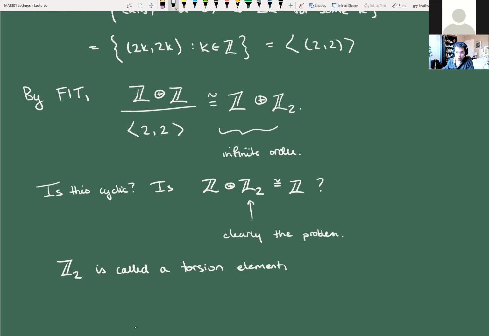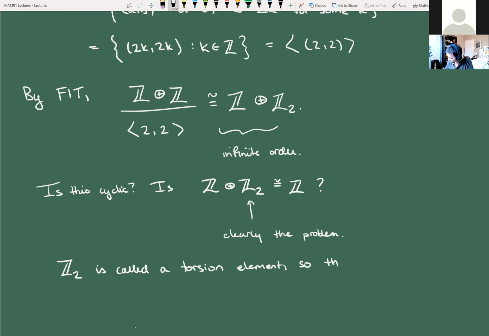And since Z has no torsion, these can't be isomorphic. That's not how we would say it. Basically, I would say there are non-zero, non-identity elements on the left-hand side that have finite order, and there's nothing on the right-hand side that has finite order other than the identity, right? So Z2 is called a torsion element.